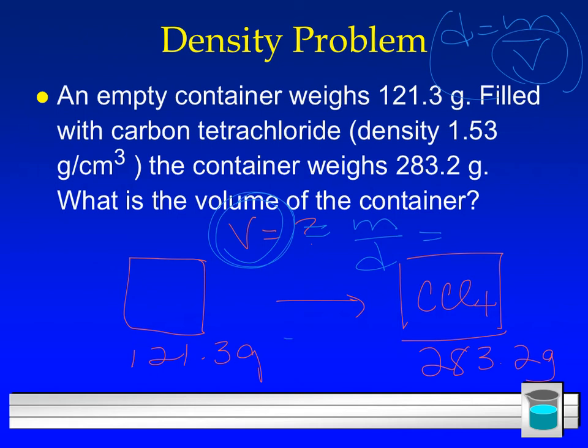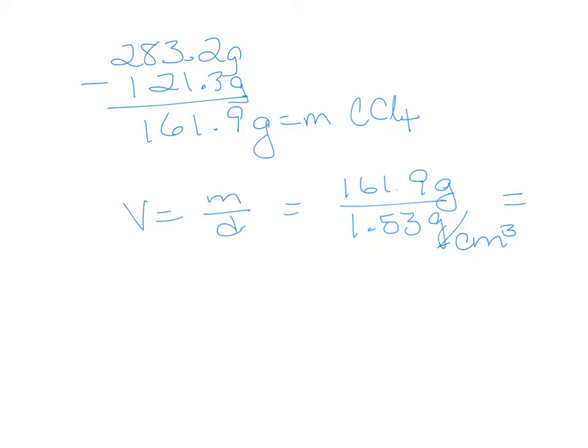Which of these masses do we use? Well, you want the mass of carbon tetrachloride, right? That would be the difference between these two. So 283.2 grams minus the mass of the empty container will give you the mass of the carbon tetrachloride.